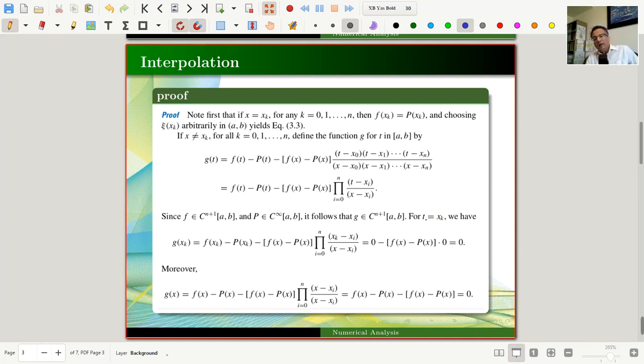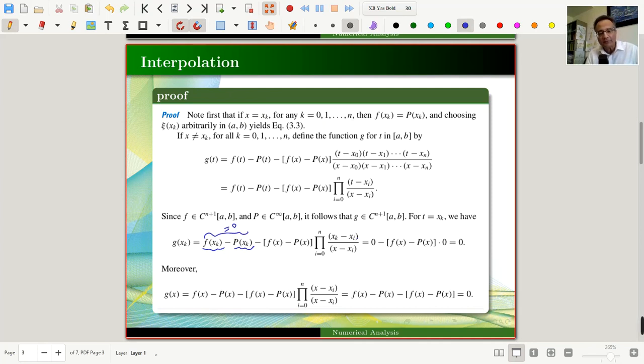Now if we consider t equal to xk, we get g(xk) equal to f(xk) minus P(xk) minus [f(x) minus P(x)] times this expression. We know that f(xk) minus P(xk) are equal, so this term is 0.